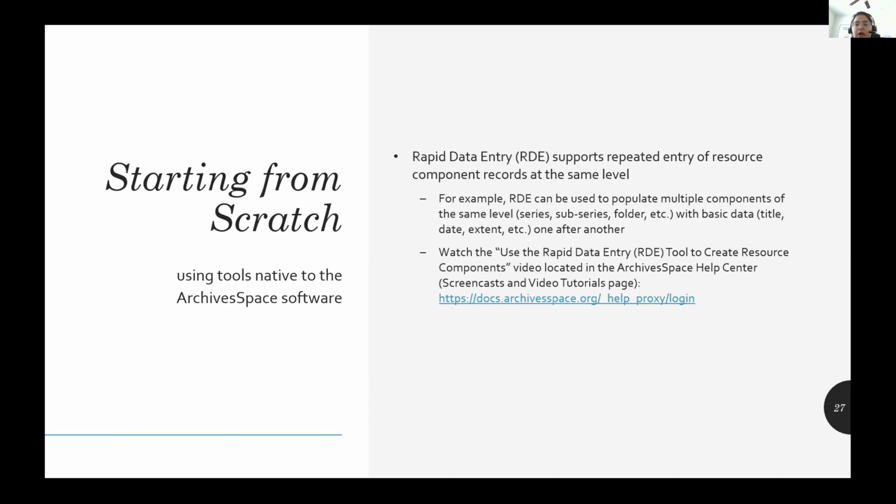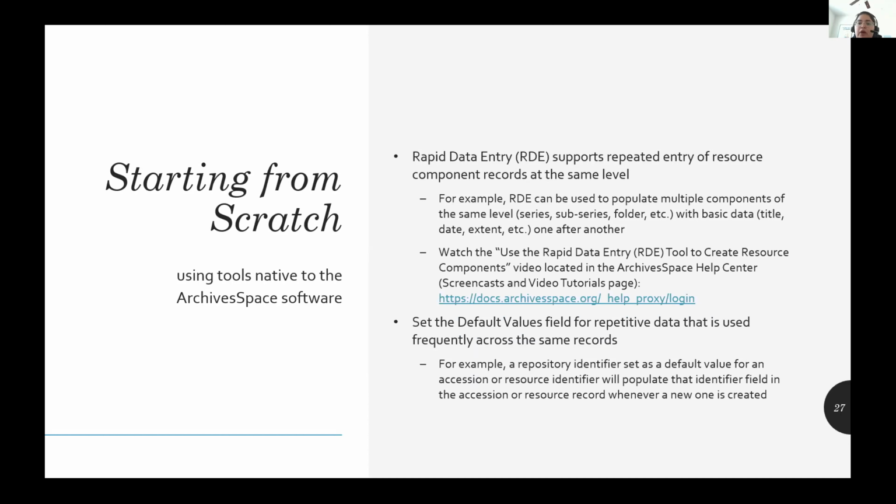Okay, and there is also a visual aid that is located in the ArchivesSpace Help Center. So if you are a member, and you have access to the ArchivesSpace Help Center, I encourage you to look at that. And then finally, you can set default values for fields for repetitive data that is used frequently across the same records.